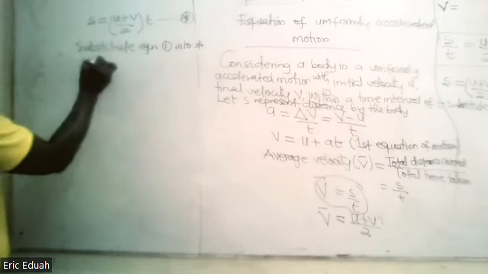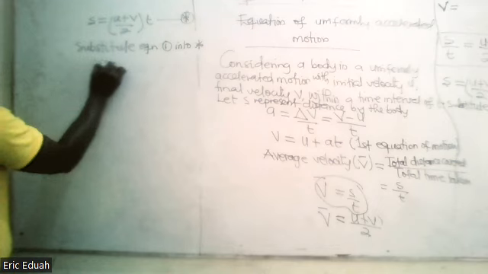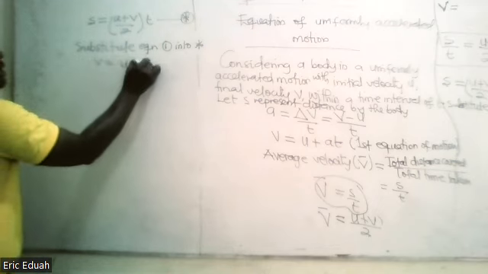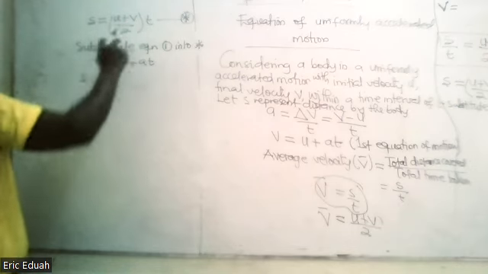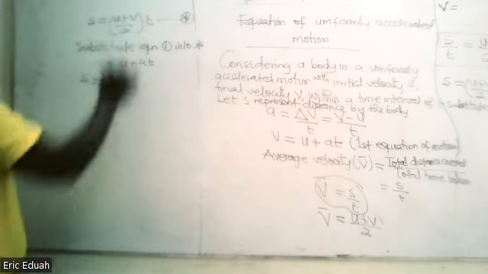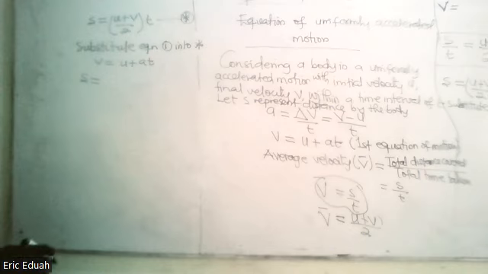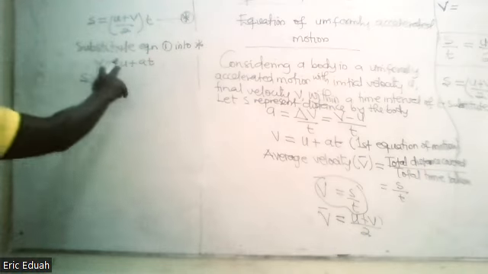Equation 1 is V is equal to U plus AT. When we do the substitution, wherever we see V in the equation indicated as star, let's put this.